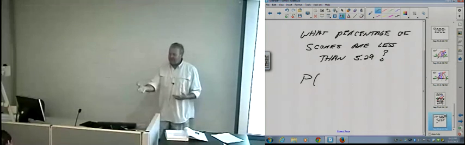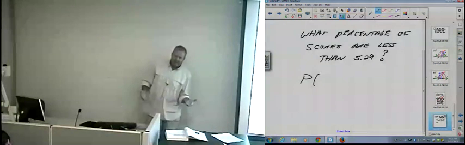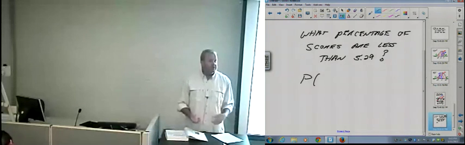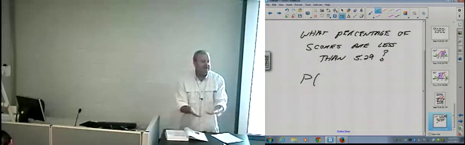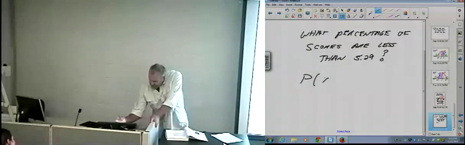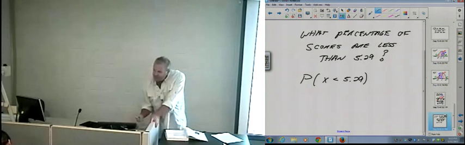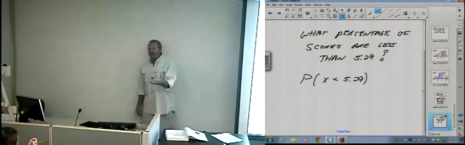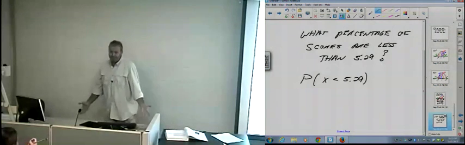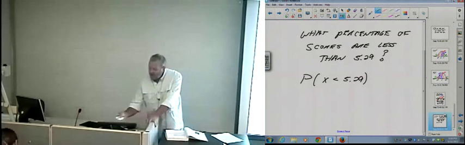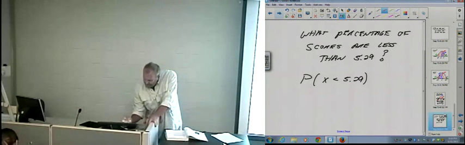I want the percentage of scores that are less than 5.29. I always use X for whatever variable it is. We're talking about Iowa test scores, that's my X. I want the percentage where X is less than 5.29. That's nothing more than me translating the English into symbols. This is my question. This is what we want to answer right here.